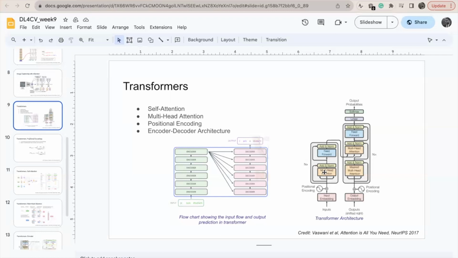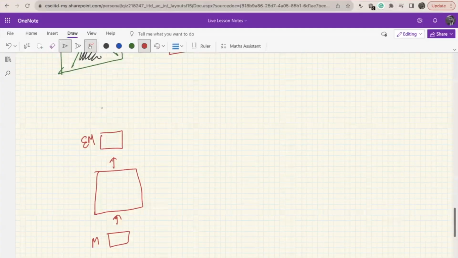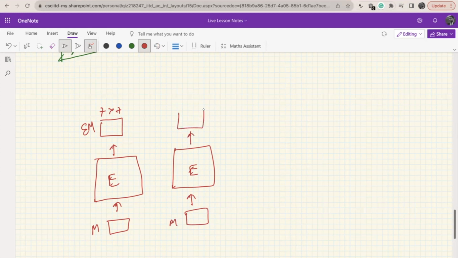So let's say the output of this one attention head is 7 cross 7. Similarly, this is the encoder matrix, and you get EM2, that is also 7 by 7. Okay.